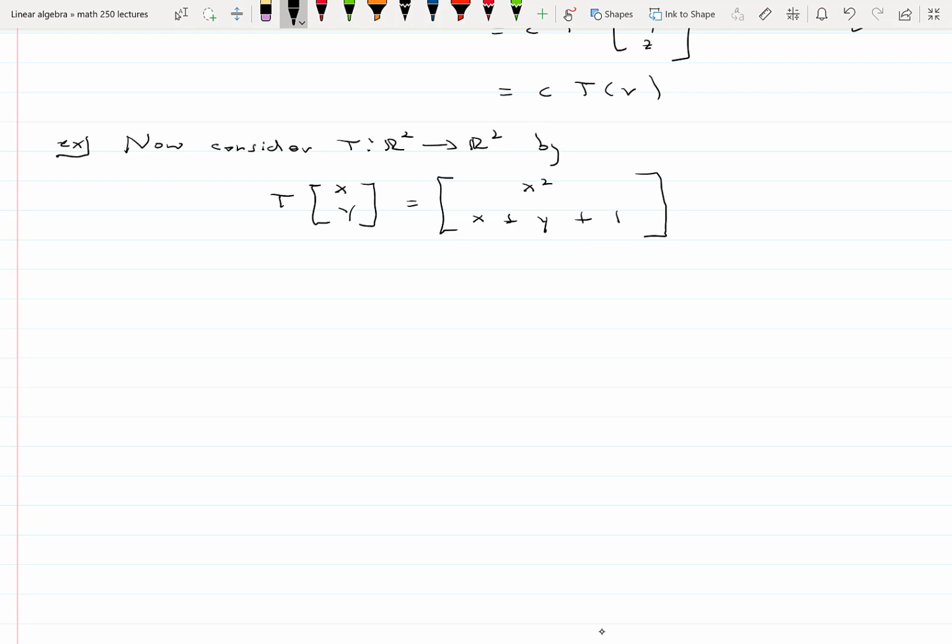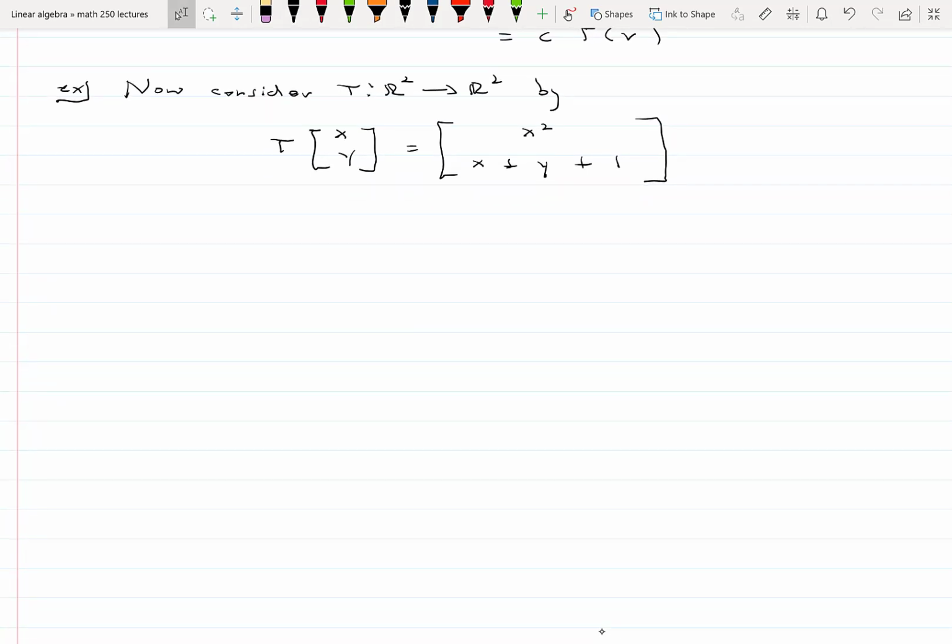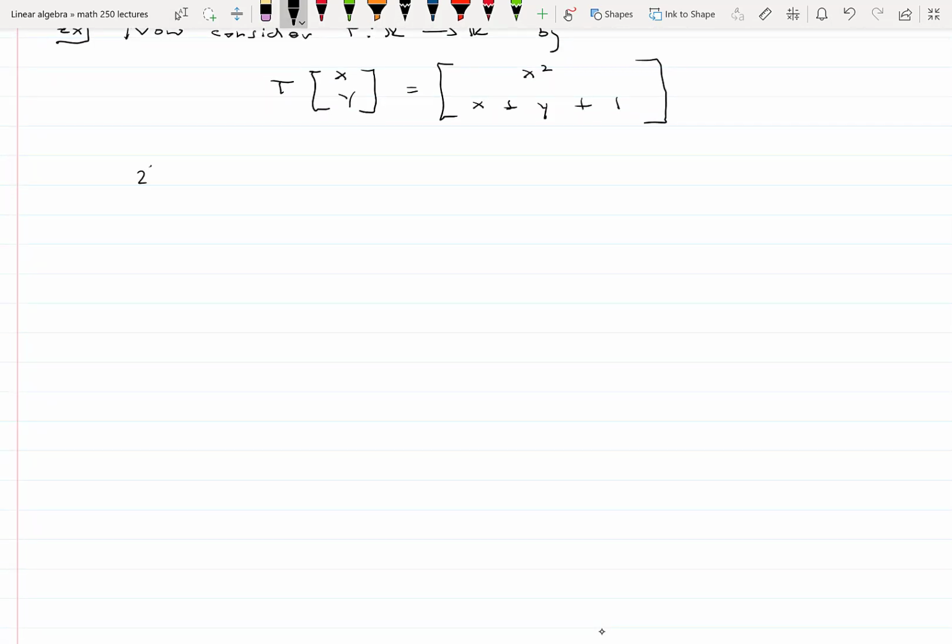So your author shows that the first property doesn't work. I'm going to show you the second property doesn't work. All you need is one of the two properties not to work, and it's not a linear transformation. So I'll do the second one. We need T of CV equals C times T of V, or if you want to put parentheses in, that's fine.